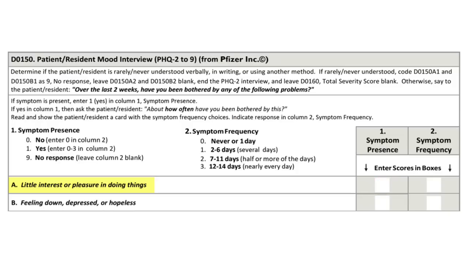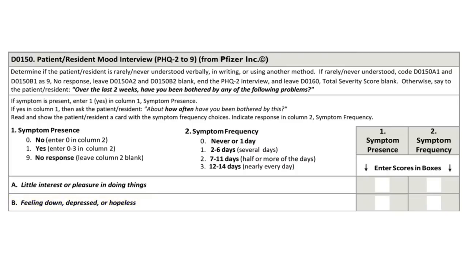How would you code symptom frequency for D0150A2? 0, never or 1 day. 1, 2 to 6 days, several days. 2, 7 to 11 days, half or more of the days. 3, 12 to 14 days, nearly every day. How would you code symptom presence for D0150B1, feeling down, depressed, or hopeless? How would you code symptom frequency for D0150B2?